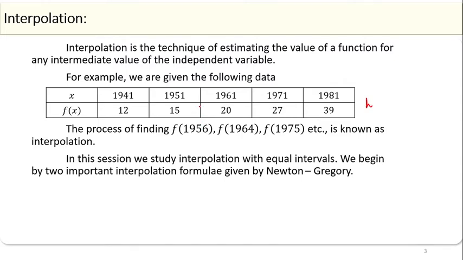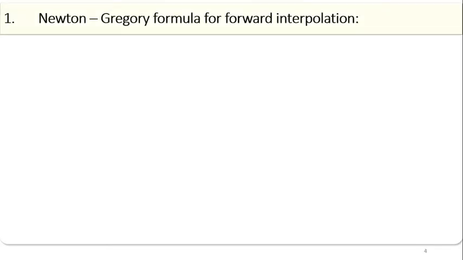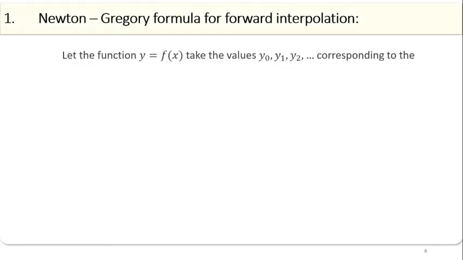For this table, h is 10. We see two important interpolation formulae given by Newton-Gregory for interpolation with equal intervals. First one is Newton-Gregory forward interpolation formula, and second one is Newton-Gregory backward interpolation formula. In this session, we study about Newton-Gregory formula for forward interpolation.